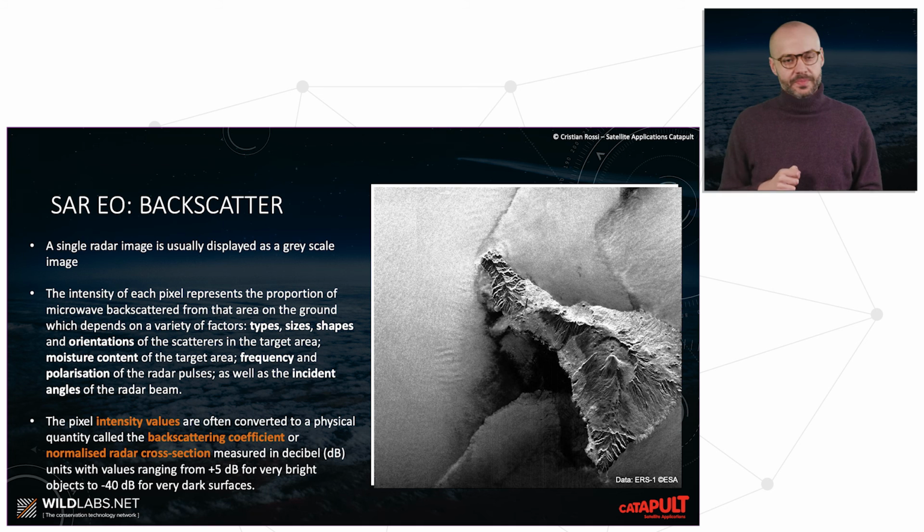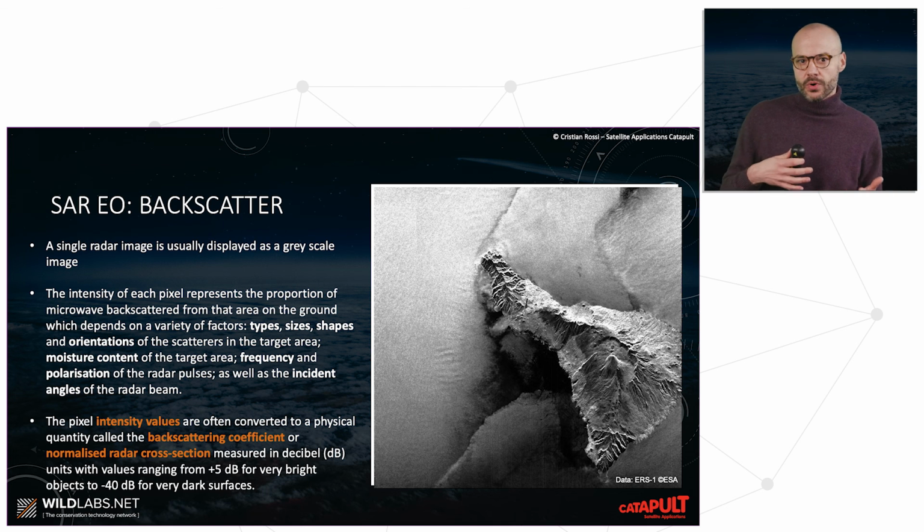We see this in black and white because we have only, let's say, a one-dimensional signal. To be precise, the signal is composed of what we call amplitude and phase. We will see this better in the next lecture, and in this case we are focusing only on the amplitude. But this is the main information that we typically see with SAR data. Backscatter depends on many different components and factors of what's on the ground.